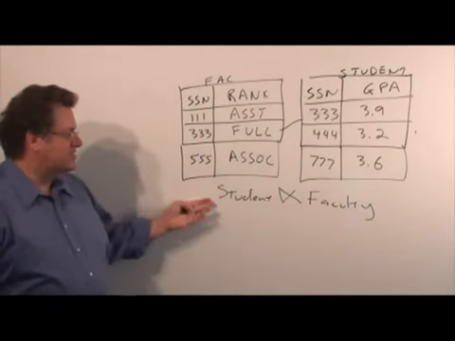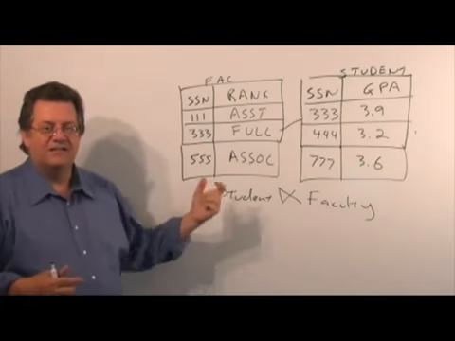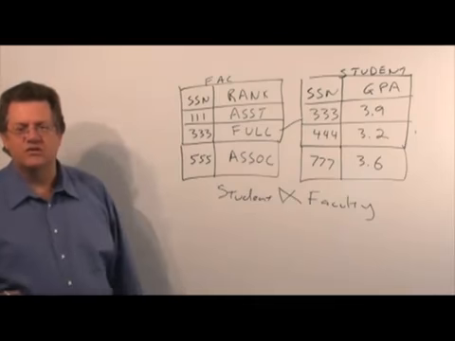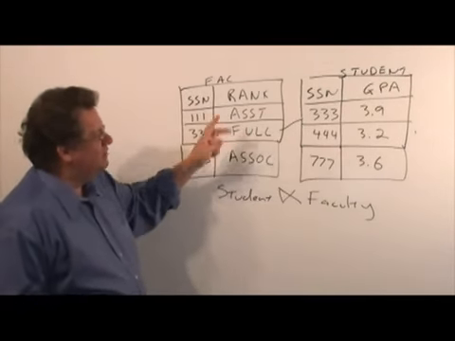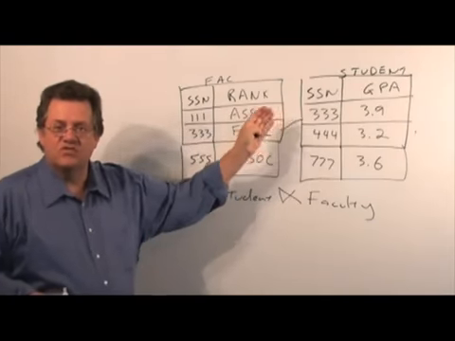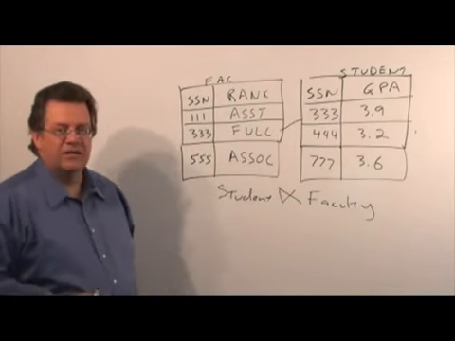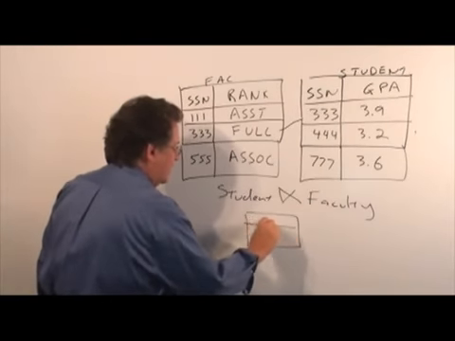We would write this with student, the bar first, and then faculty. We could actually have faculty and then student and put the bar on the other side, but this is traditional notation. In this case, we do the same join, but now we only project out the attributes from students, which would be the 333 and the grade point average. So it looks something like this.